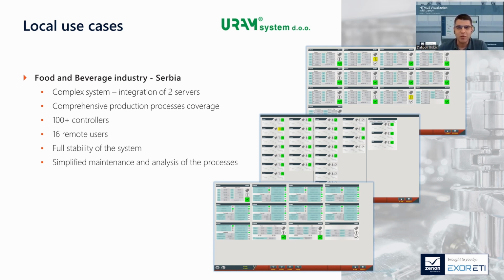We are not allowed to mention the name because of security topics there, but it's a really complex system, an integration of 2 Zenon servers, with 16 remote users and comprehensive production process coverage for the analysis and for the maintenance of the processes. More than 100 PLCs are used there, and the whole overview is done in a Zenon network.